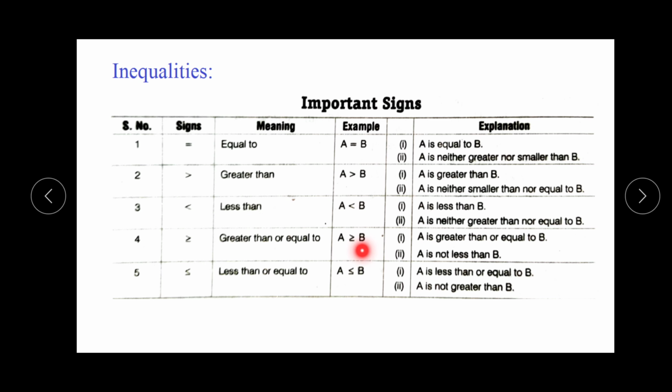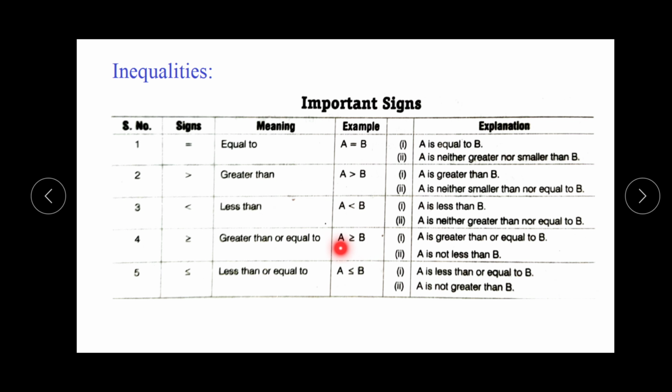For this, the sign is one, but the result is only one from these two. It means we can say that A can be 5 and B can be 4. At one moment we can use only one sign. We can use the greater sign or we can use the equal sign. Here A can be 5, B can be 4, so we will use a greater sign.